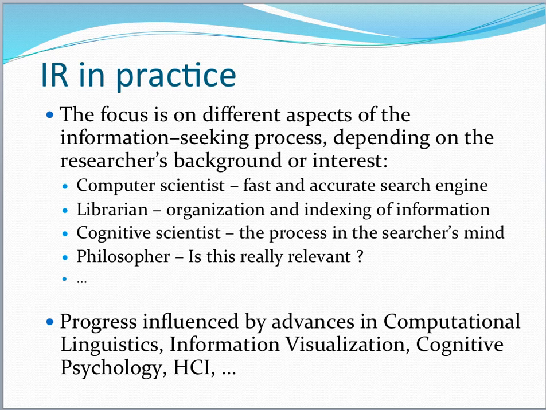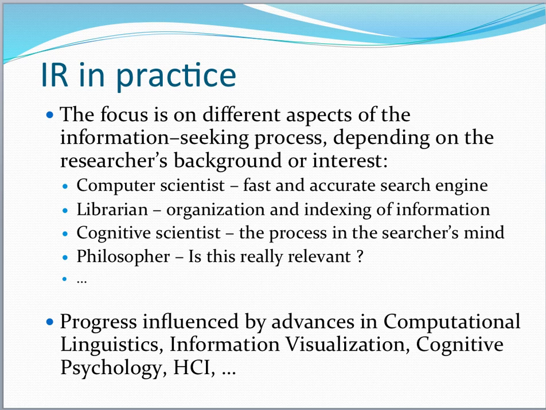A librarian will focus on organization and indexing of information. The cognitive scientist will focus on the process in the searcher's mind, and the philosopher may ask, is this relevant?